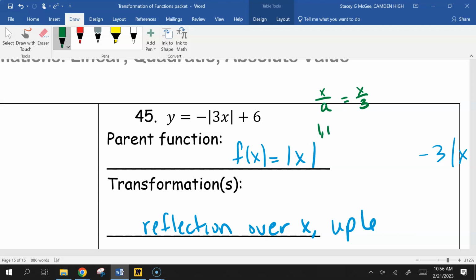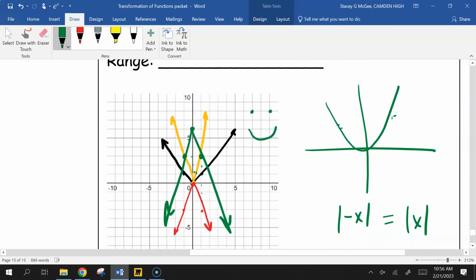So 1, 1 would become 1/3 1. Yes, it is. 1/3 happens here up to 1 right here on the yellow. I just kept going so that I could get a nice even point.